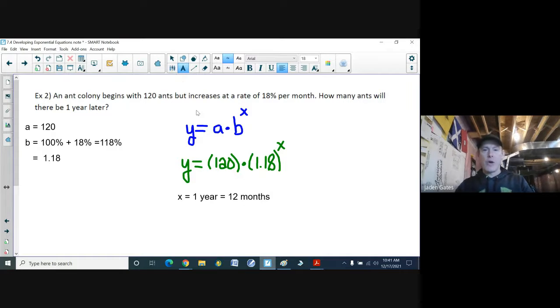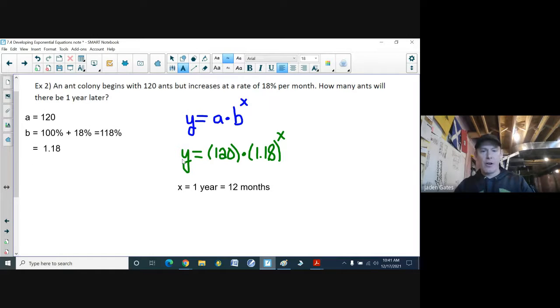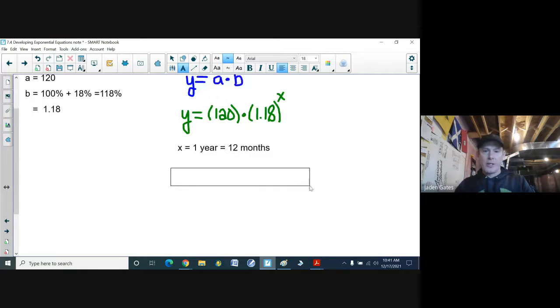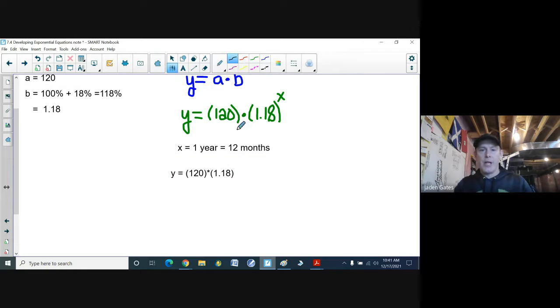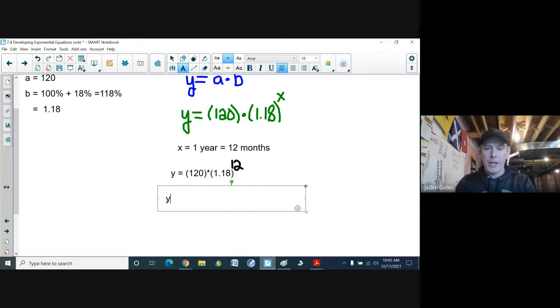All right, so now I'm ready to figure out how many ants there are going to be in a year. So I have y equals, got my 120 times 1.18, and now our exponent is going to be 12. Following BEDMAS, I got to do my exponent first.